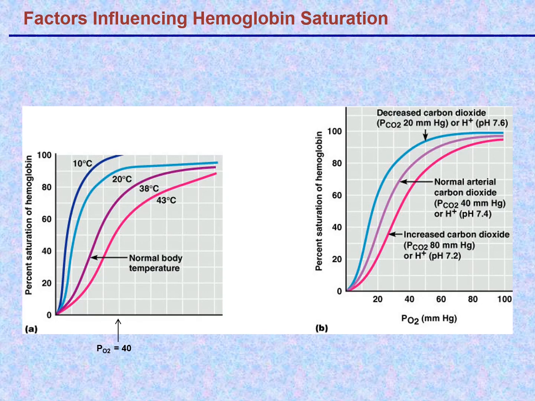Here you see the normal body temperature, 37, 38 degrees. That's normal body temperature of blood. Unfortunately, in this graph they've drawn it and didn't show full saturation up to close to 100%.